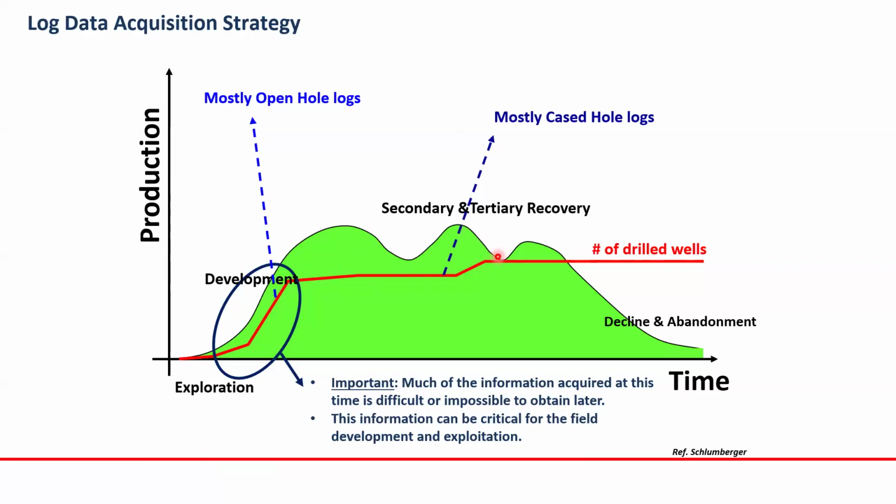The production declines or increases based on the secondary and tertiary recoveries. In most of the exploration phase, we acquire open hole logs in most of the wells, but we increase the number of cased hole logs more during the development of the wells, till we have a decline and abandonment, when we run corrosion logs for safety.